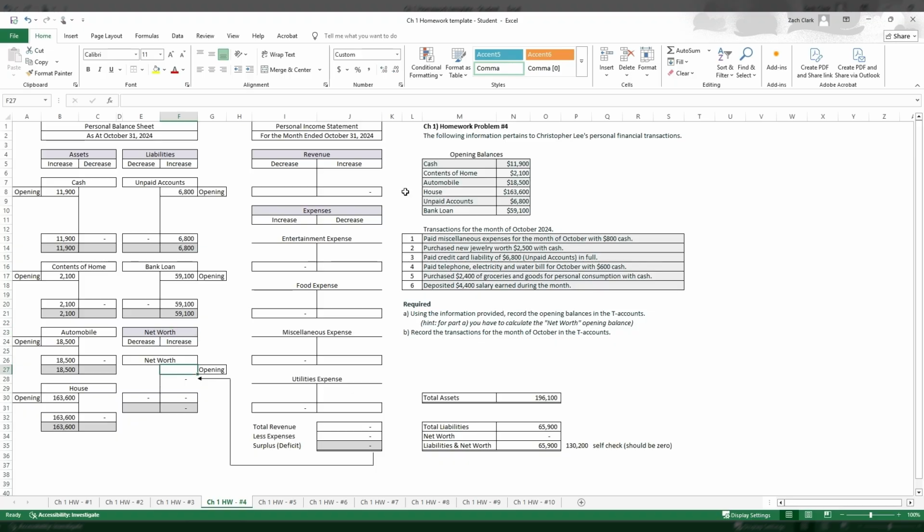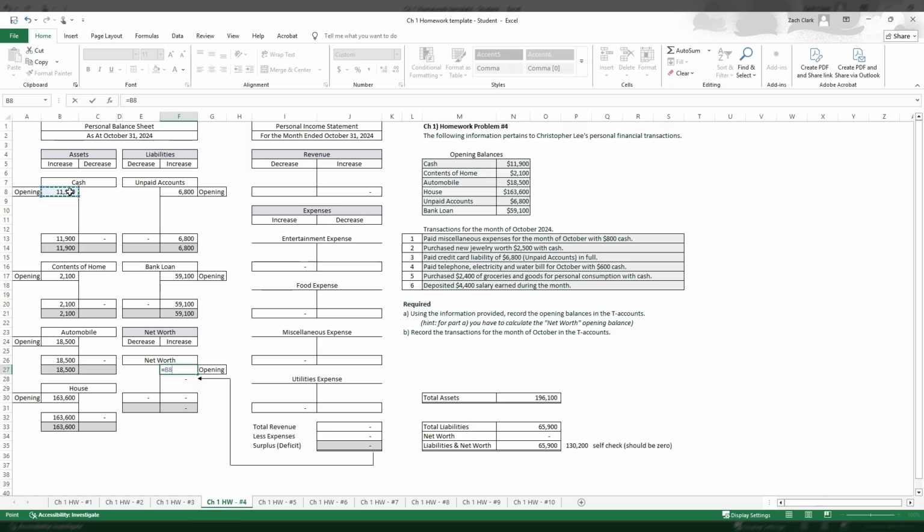It doesn't provide us with net worth. You see a hint down here for part A. We have to calculate the net worth opening balance. So let's put a formula in to do that. Our opening balance will be the difference. Remember, our fundamental accounting equation is that net worth is the difference between assets and liabilities.